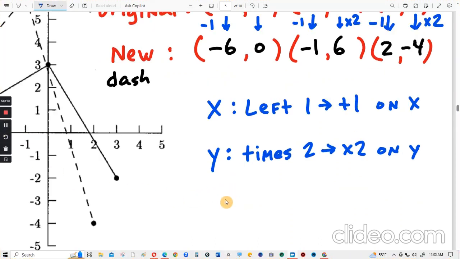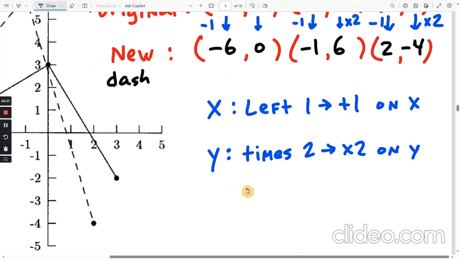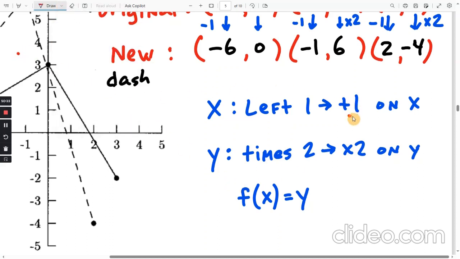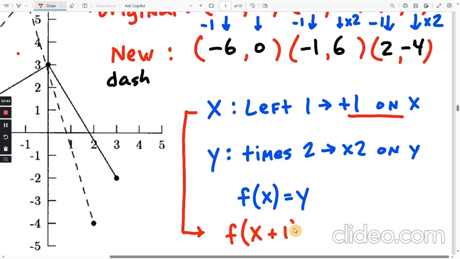So remember the original function, f of x, that equals your y, right? So the transformation, if we do plus 1 on the x, that's going to be f of x plus 1. And this whole thing right here is your new y.